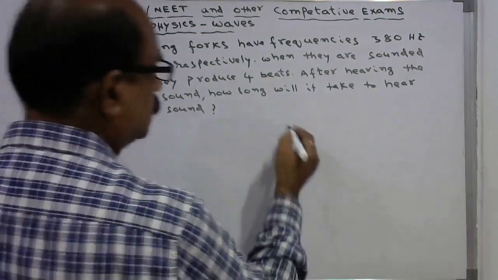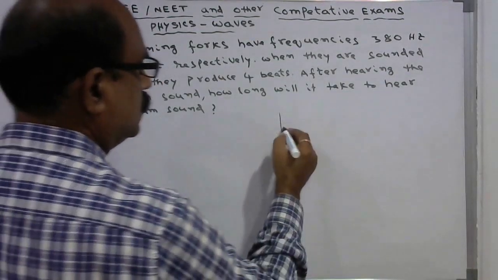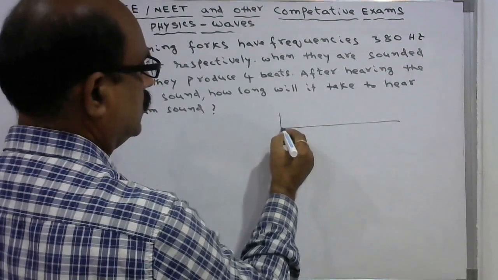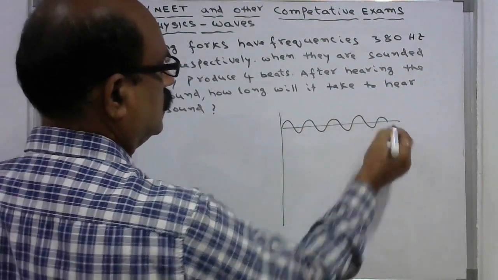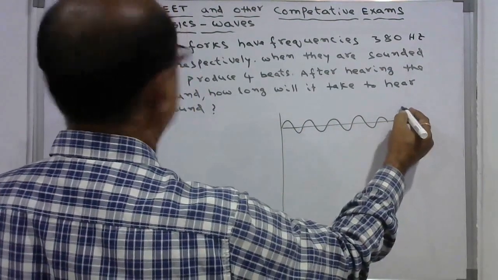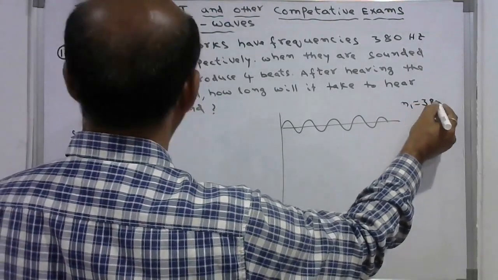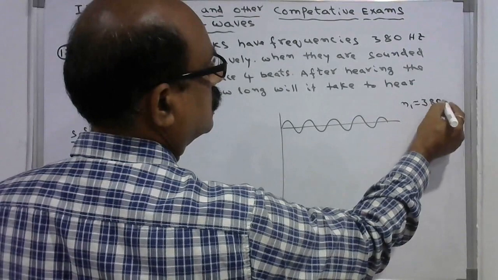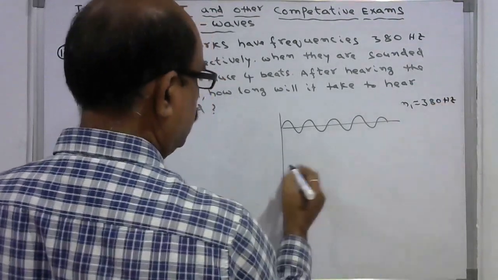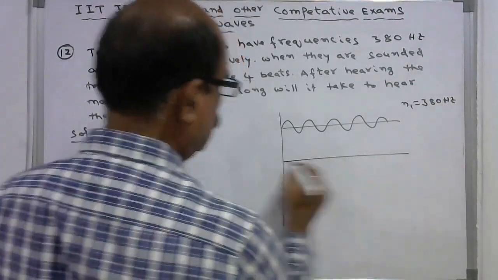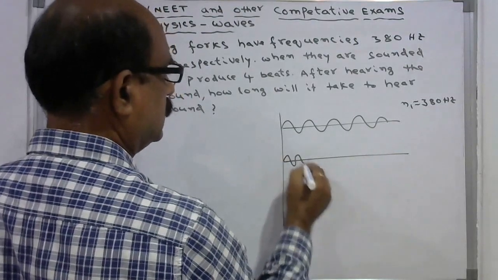So we have to consider two waves propagating in the medium with different frequency. That is, N1 is 380 Hz, and there is also another wave propagating in the medium with a little bit more.